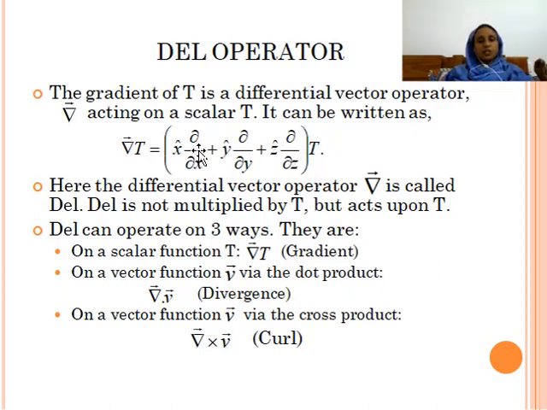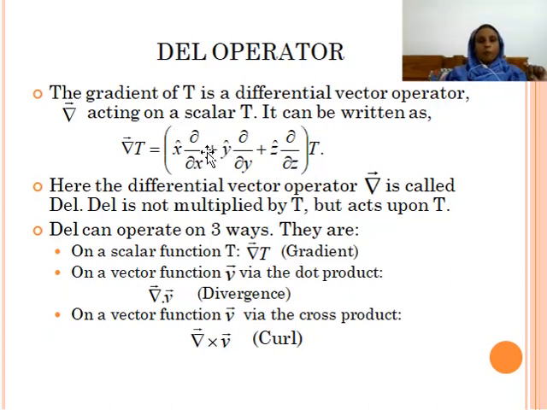This has meaning only if a function comes, if T comes. Otherwise it has no meaning. It's a naked operator. So gradient is called an operator, not a vector. Gradient is not a differential vector. Gradient is a differential vector operator.